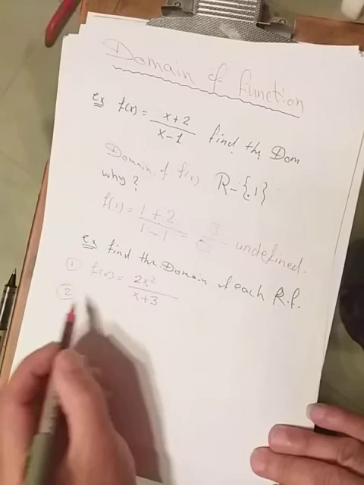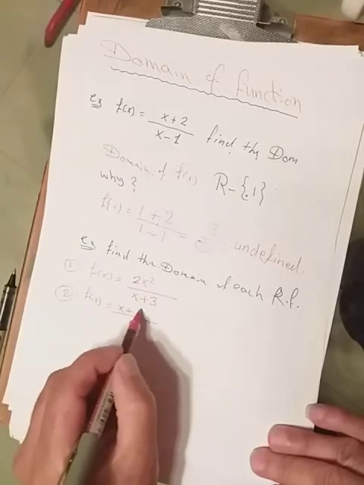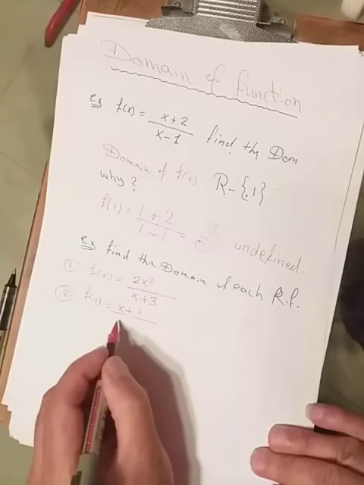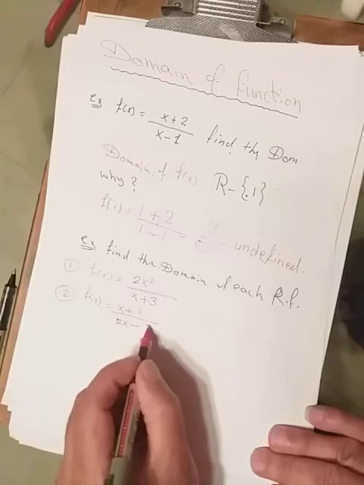Two: f of x equals x plus 1 over 2x minus 6.